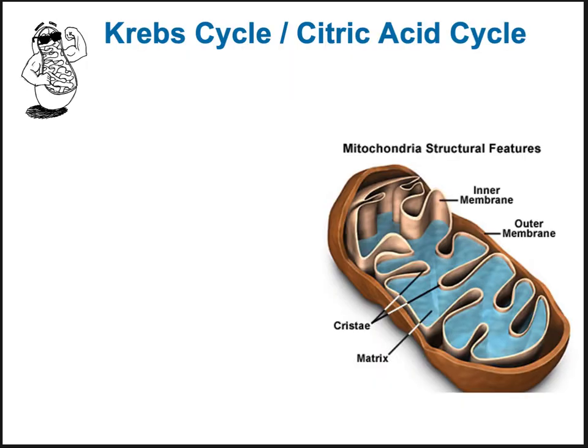Okay, so the Krebs cycle, you have your acetyl-CoA and you're ready to do the Krebs cycle and then go into the electron transport chain. And all of this is happening in the mitochondria. So I want to show you, refresh your memory about the parts of the mitochondria and where these different processes are happening.